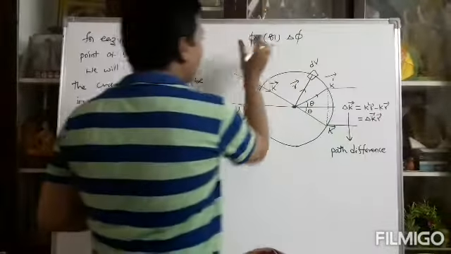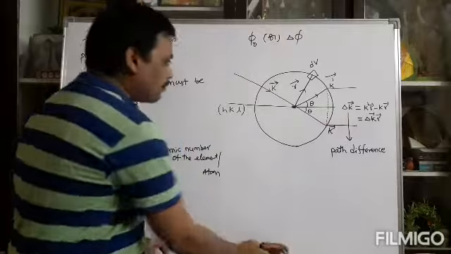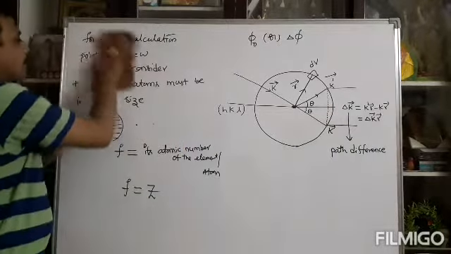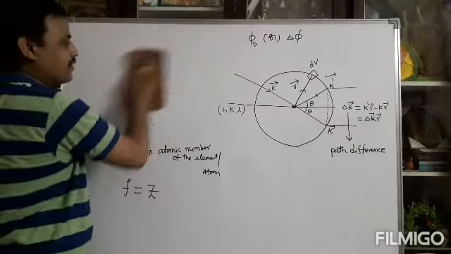We want to calculate the phase difference. What is the main relation between path difference and phase difference?